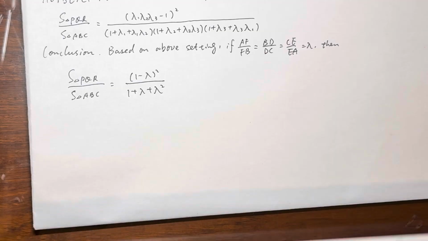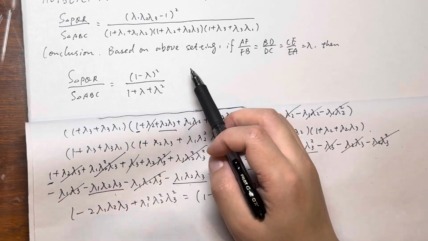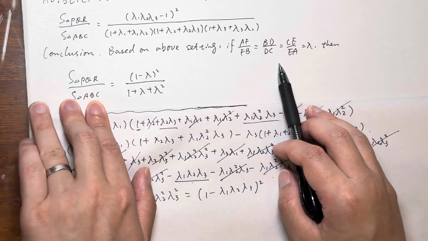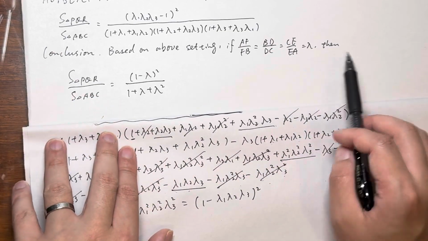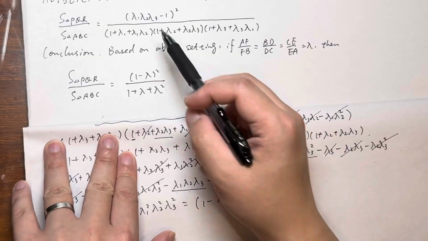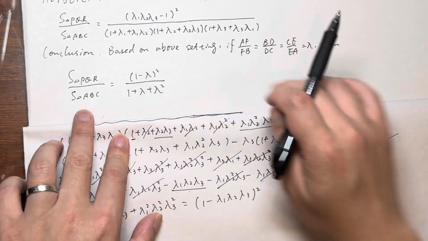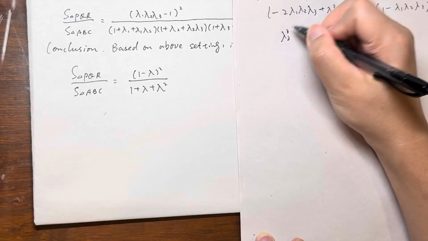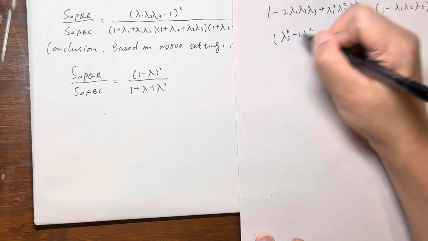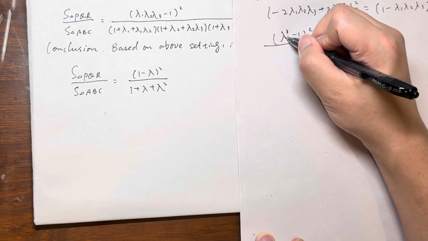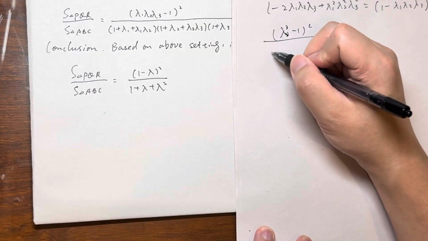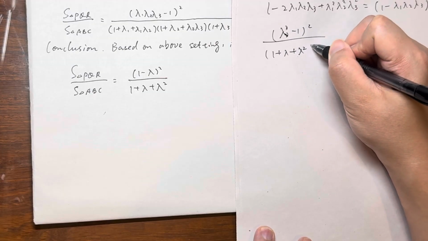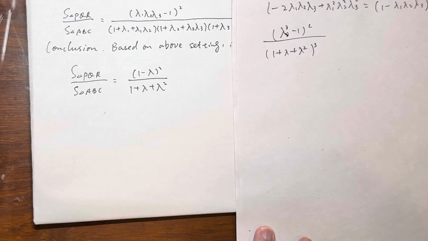And the conclusion is that based on the above setting, if AF to FB equals BD to DC equals CE to EA equals lambda, then we have this one. It is obvious, right? Because if they are the same, then the numerator is this one, I write it as lambda 3, it's lambda cubed. And the denominator is 1 plus lambda square to the power 3, right?